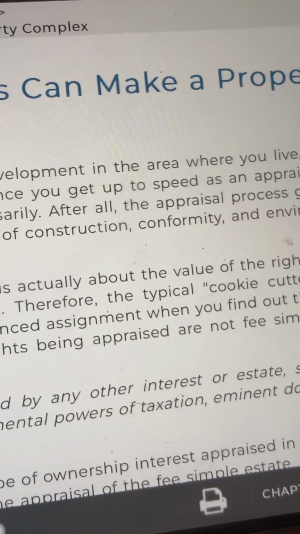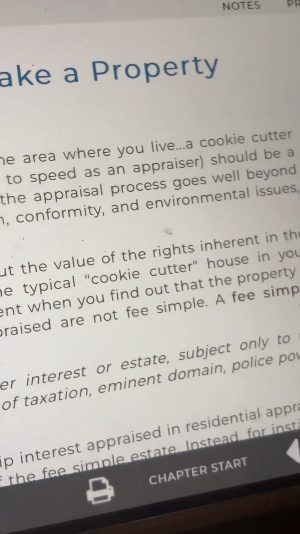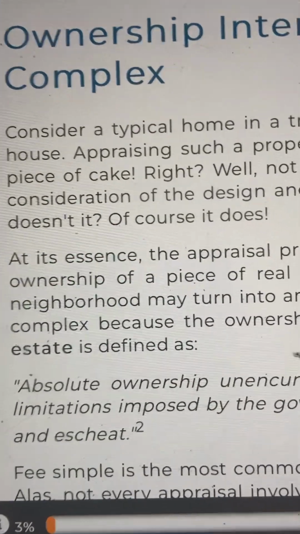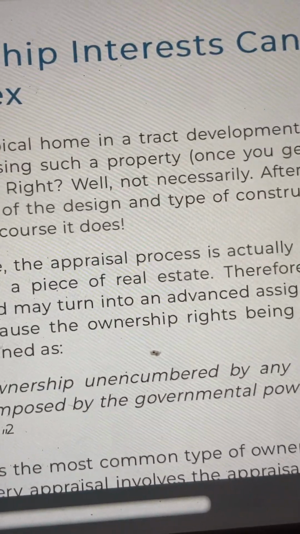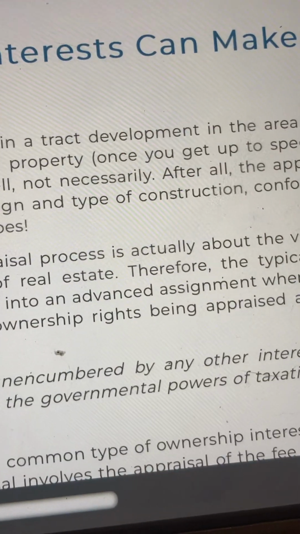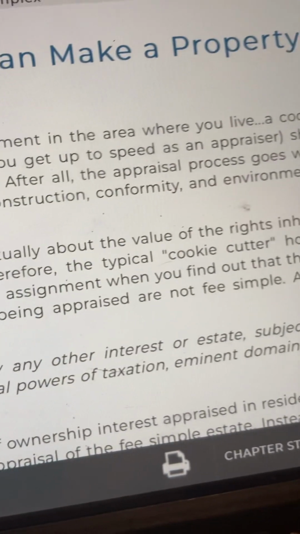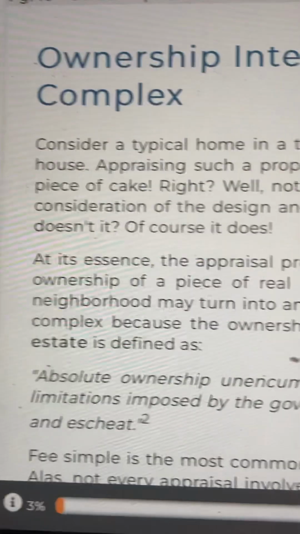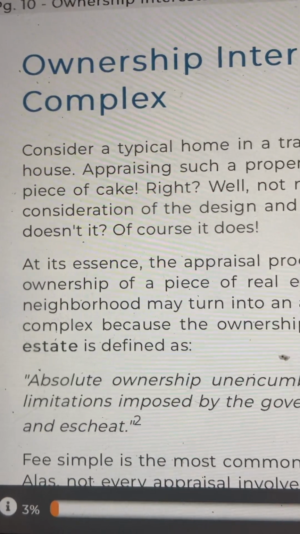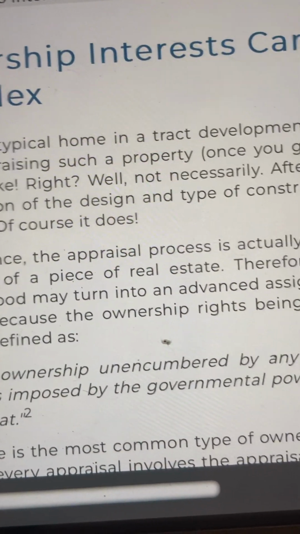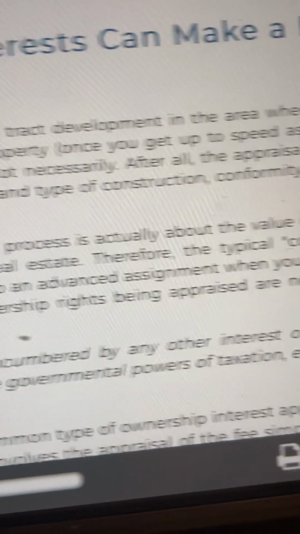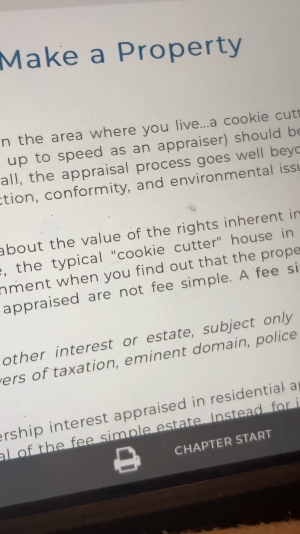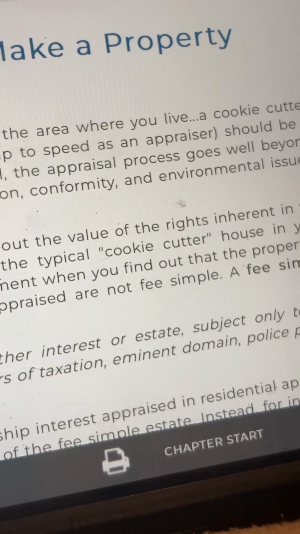Therefore, the typical cookie cutter house in your neighborhood may turn into an advanced assignment when you find out that the property is complex because the ownership rights being appraised are not fee simple.